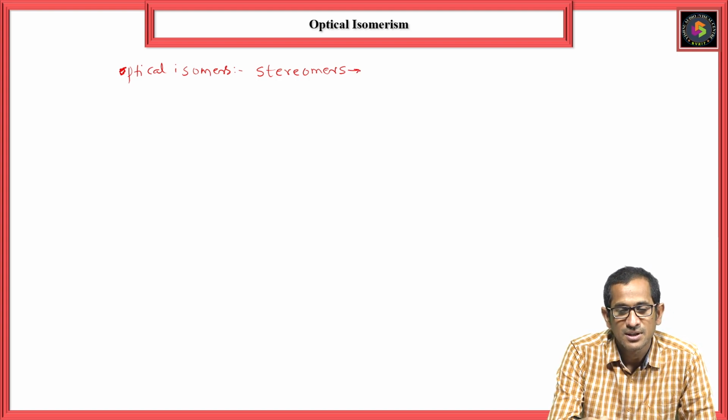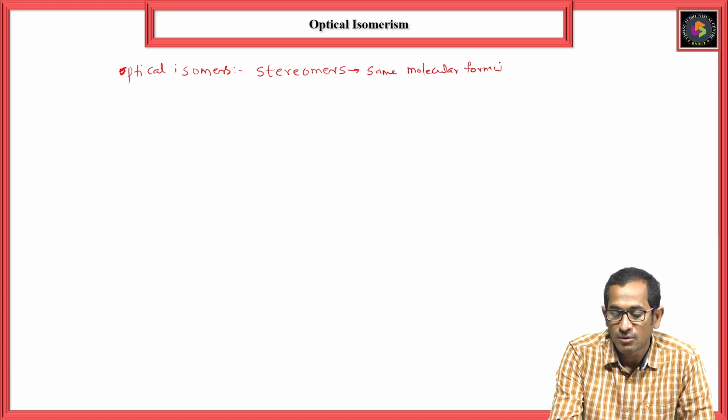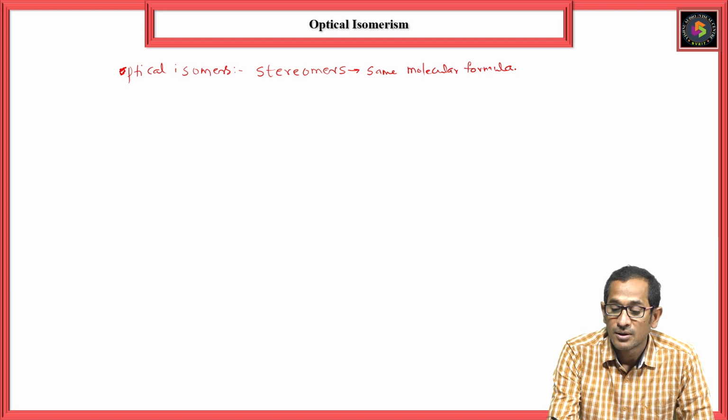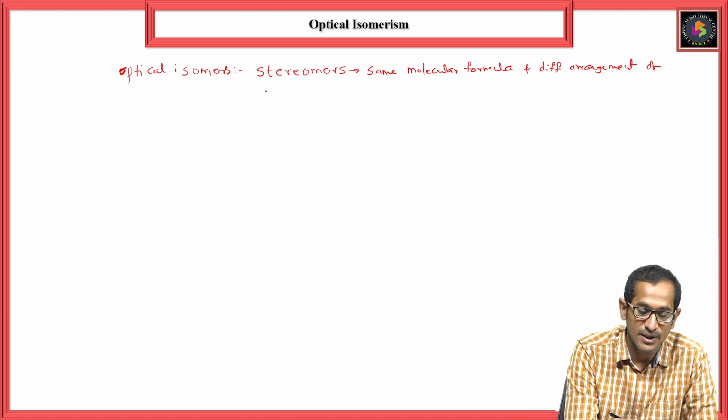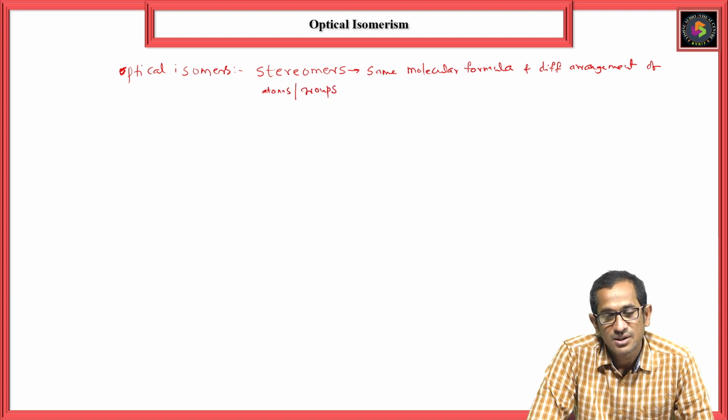The stereomers are the isomers with the same molecular formula and different arrangement of atoms or groups.